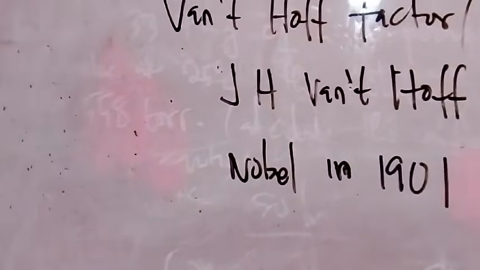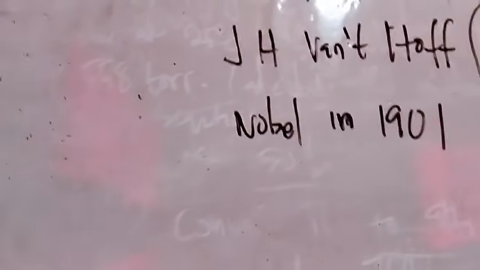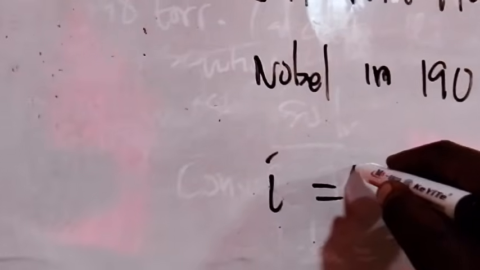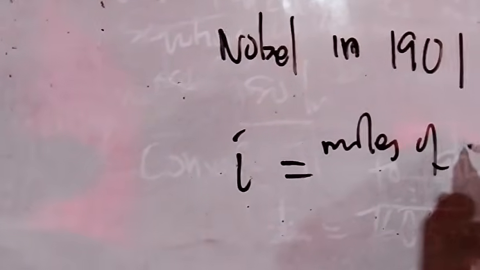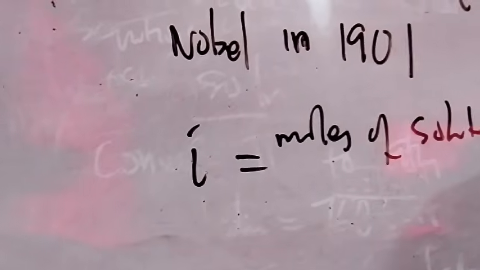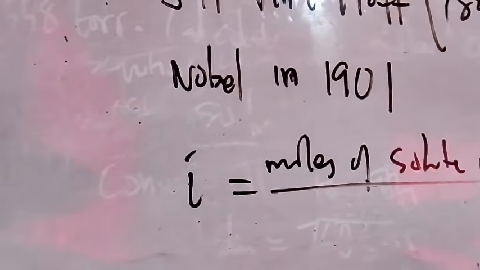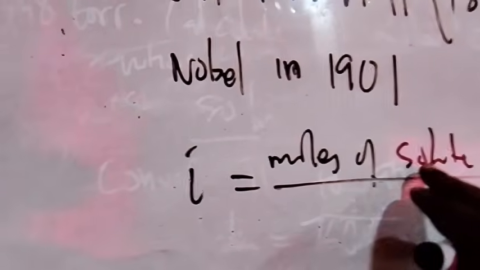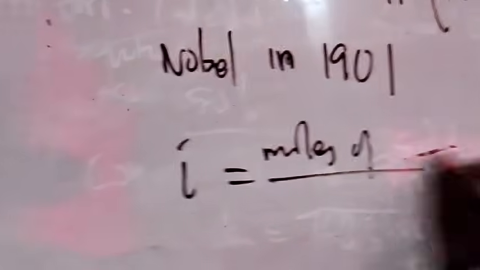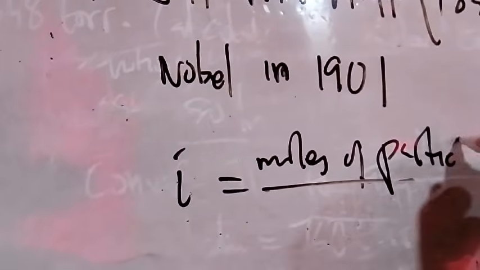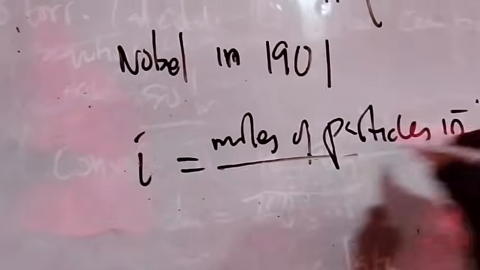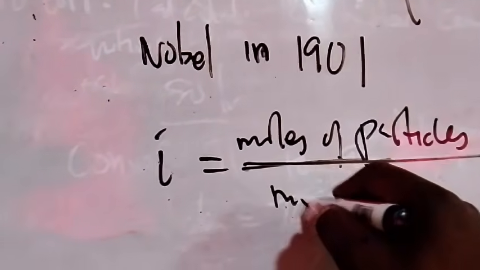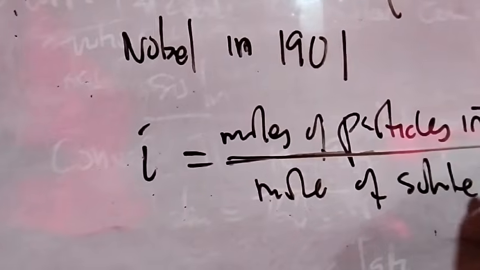The relationship between moles of solute dissolved and the moles of particles in solution is given by the equation: I is equal to moles of particles in solution over moles of solute dissolved.